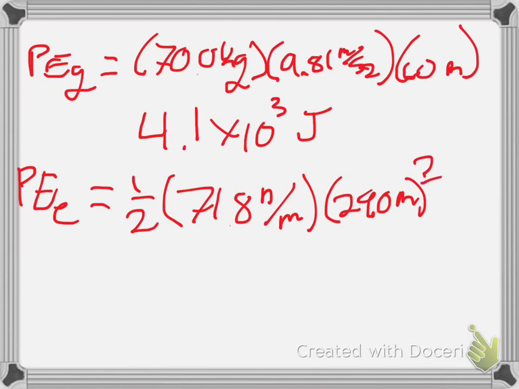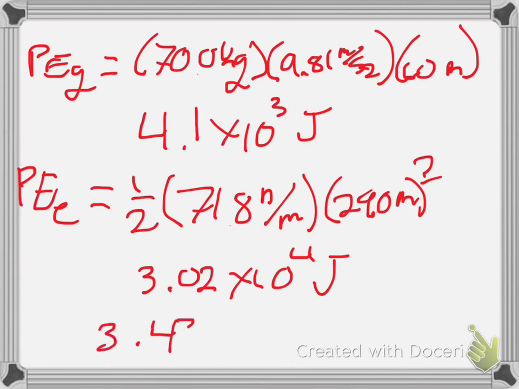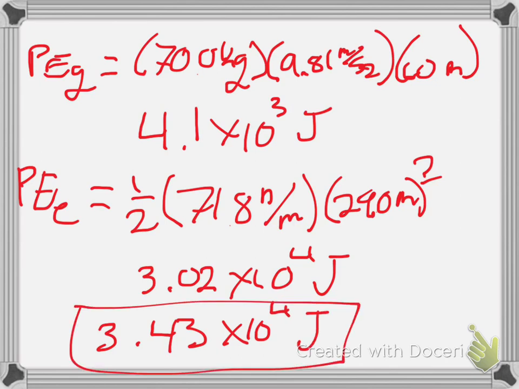If you run out all those calculations, it should come out to about 3.02 times 10 to the 4th joules. Then if you combine them together, you should get in the neighborhood of 3.43 times 10 to the 4th joules. Yay! You did it!